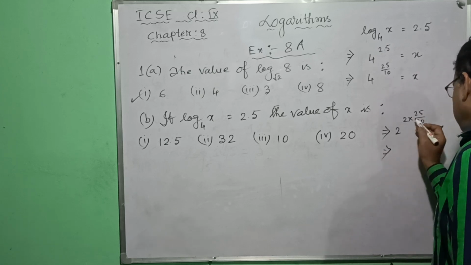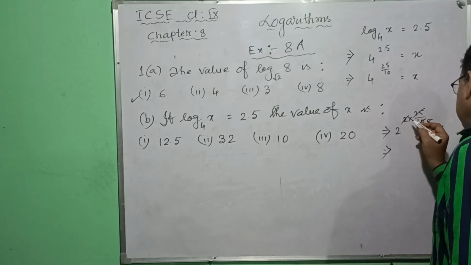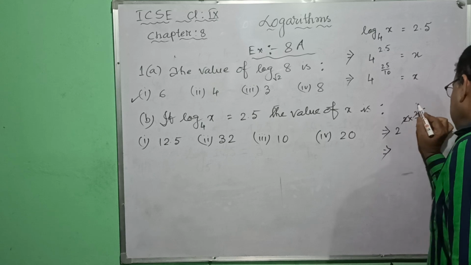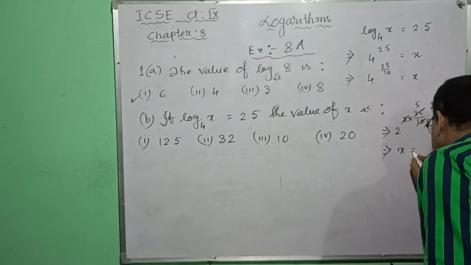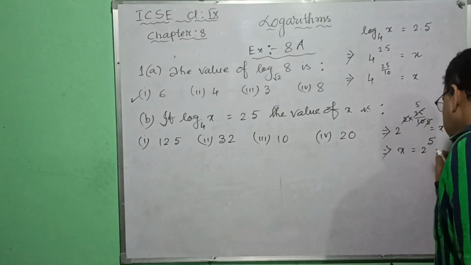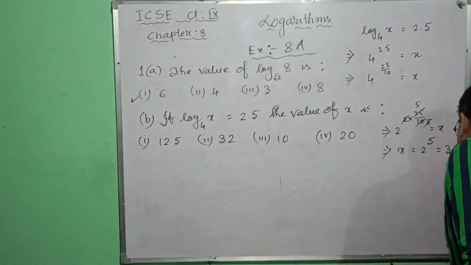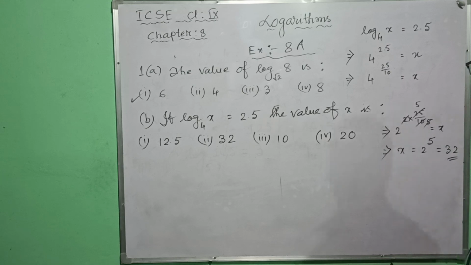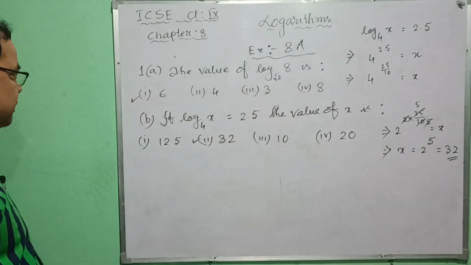This implies 5, so x equal to 2 to the power 5, which means 32. So 32 is the correct answer. So option 2 is correct.